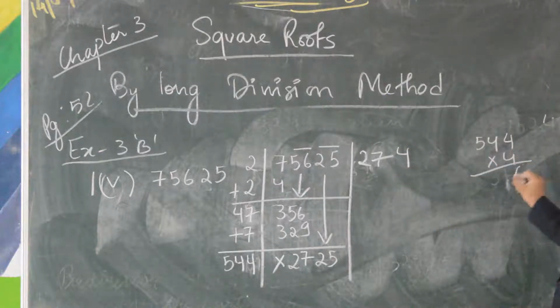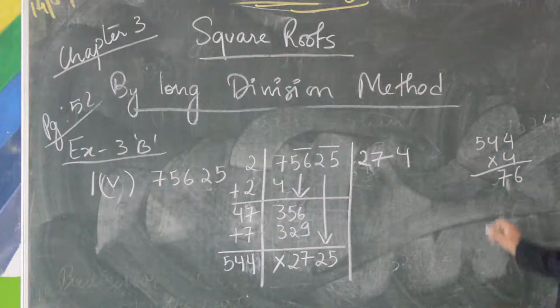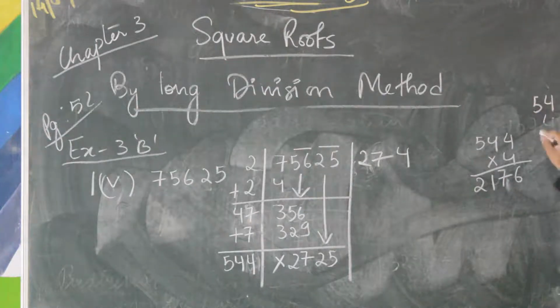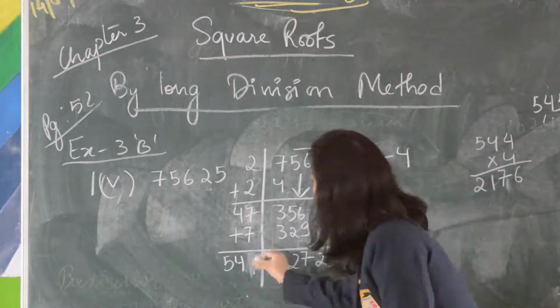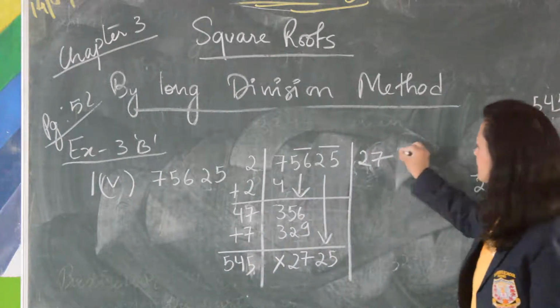So 4 fours are 16. 16 plus 1, 17. So what do we get? 2176. Let's try with a bigger number. Say if I take 5 instead of 4 here. So this 4 will be changed to 5.